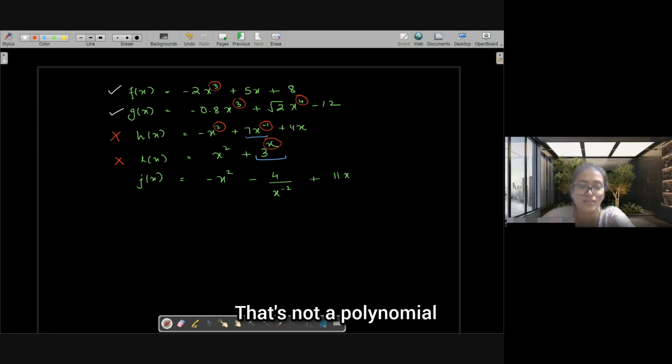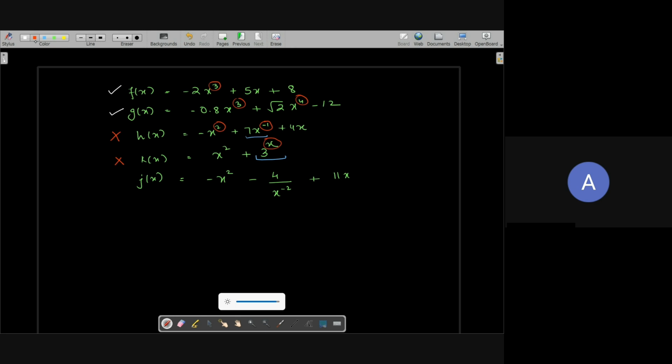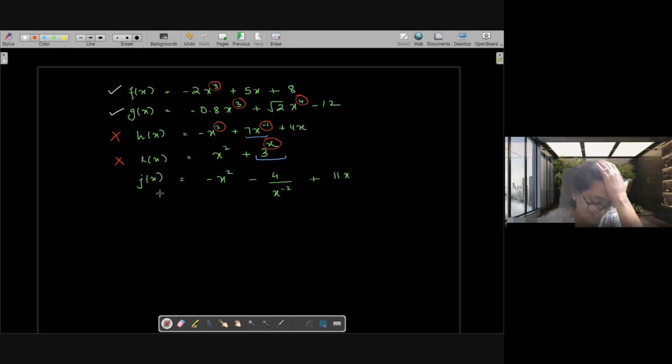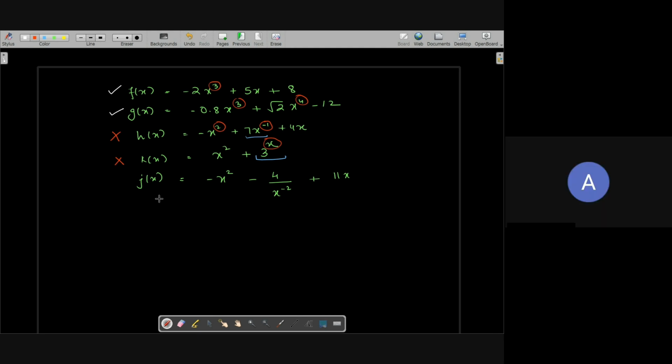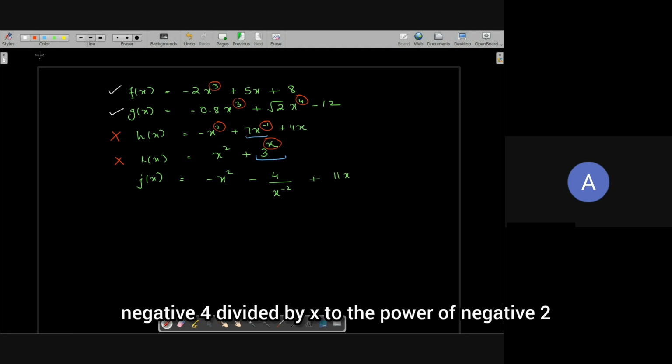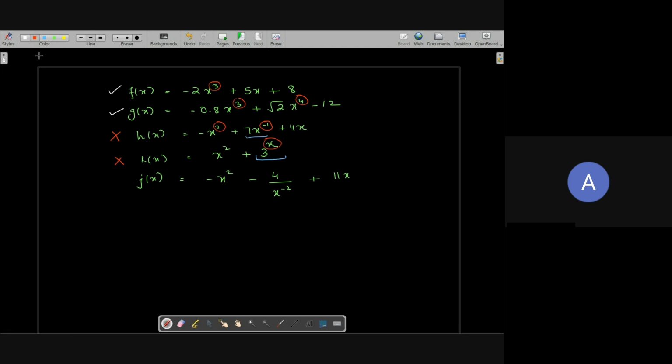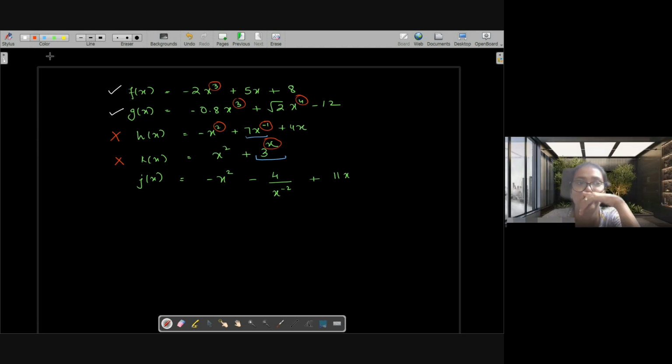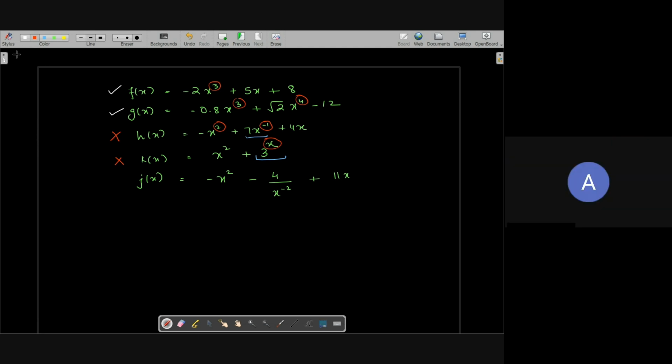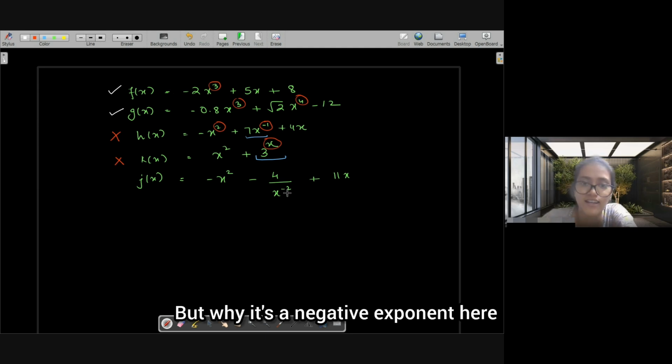Oh wait, no. This is a tricky one. Okay, so that's 11x, -x to the power 2, -4 divided by x to the power of -2. Wait a minute, what was that? Yeah, that's a polynomial. Are you sure? Final answer? Yeah. But why is it a negative exponent here?